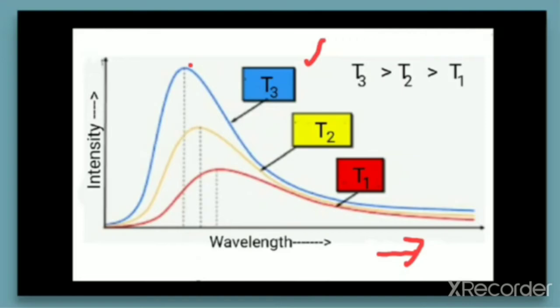At different temperatures, we observe that the intensity and wavelength are related in such a way that the intensity increases and then decreases with the wavelength. So it shows that the intensity versus frequency curve of radiation from a black body depends only on its temperature.